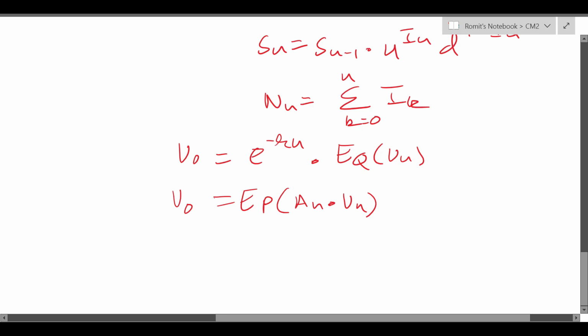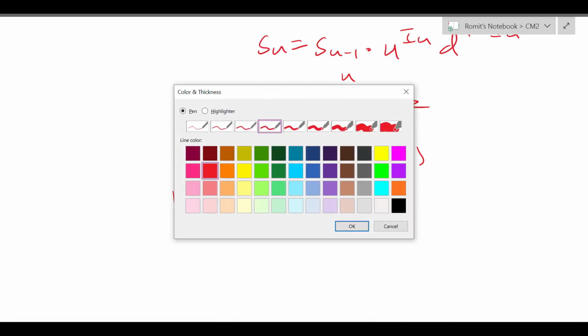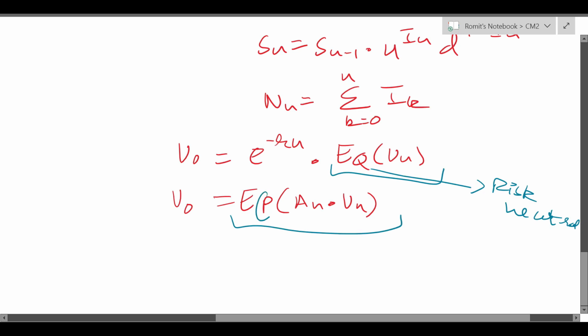But now you're not taking the expectation under the risk neutral probability, okay. This is your usual old expression that we were using before state price deflator. You are just taking an expectation under risk neutral probability. But state price deflator is just saying, if you want to take the expression under the real world probability, then what you need to do is that instead of the discount factor, you need to use a discount factor which is dependent on the increases or the decreases, dependent on the state of the underlying asset, right?